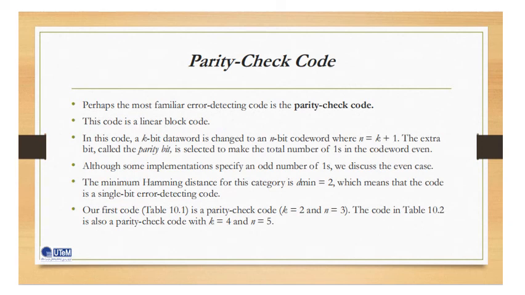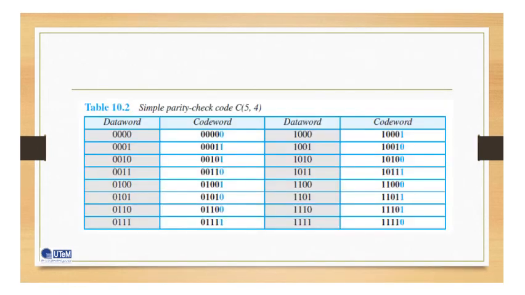Parity check code. Perhaps the most familiar error detecting code is the parity check code. I will explain this by using an example. It's quite easy to determine the parity check code. Look at the first example. You have 0, 0, 0. You add these numbers. If the answer is even, then you add 0 at the last bit, the most right bit.